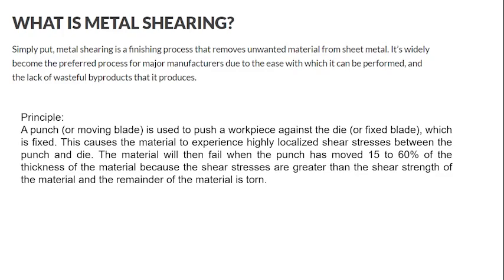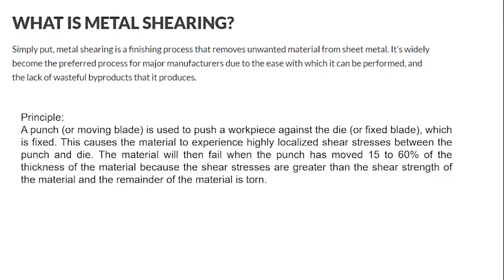So we have to give the dimension to our punch and die according to the shape and dimension that we want for our workpiece. The punch will move and push the workpiece against the die. So there will be our desired dimension on our punch and die.